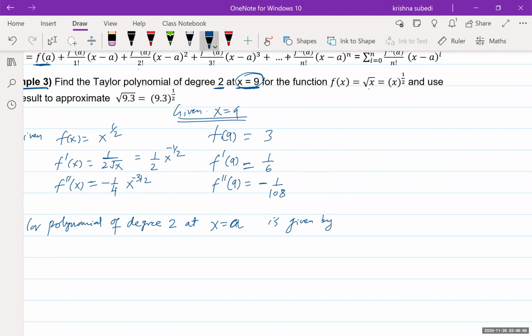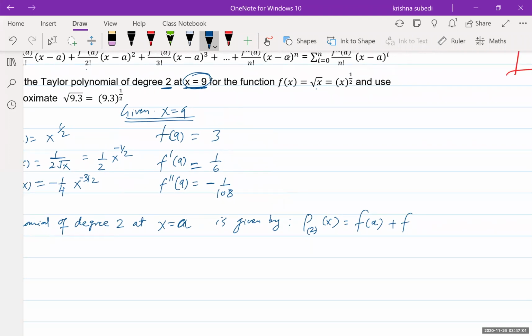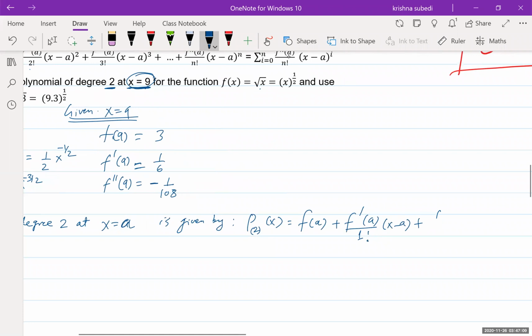When x equals a, the formula is p2 of x equals f of a plus f prime of a over factorial 1 times x minus a plus the second derivative of a over factorial 2 times x minus a squared.